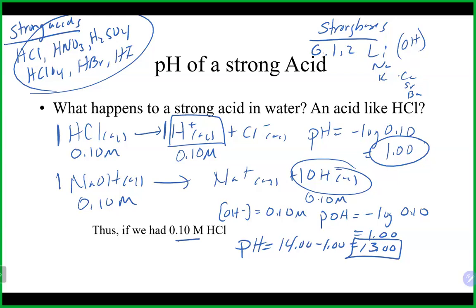Now, if it's a weak acid or weak base, well, you just wait until you take 1B, and then you'll learn how to do the pH with those at that point. So you can probably safely assume if you see something in this class, it's most likely a strong acid or strong base if you're asked to calculate the pH. So if you're given a formula, instead of just a generic H plus or OH minus concentration, in this class you can safely assume it's probably strong, and that's the way you would get the pH. Any questions on that?